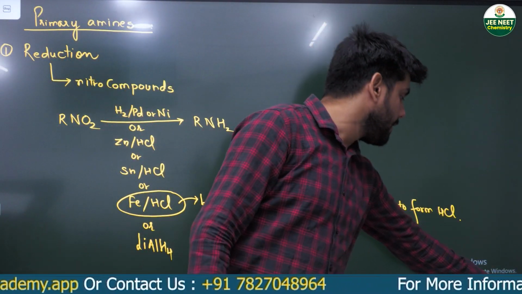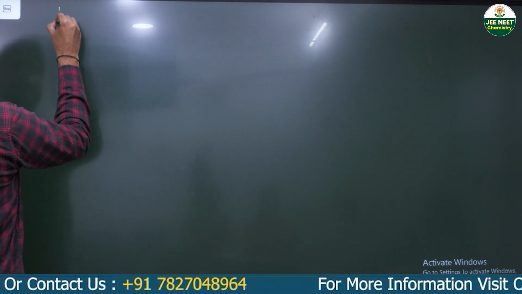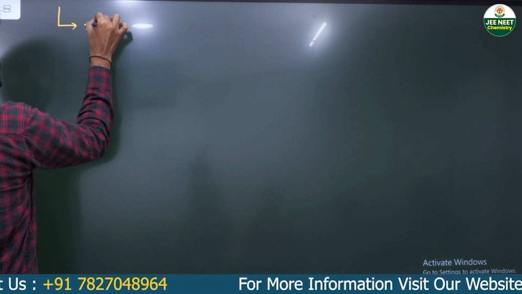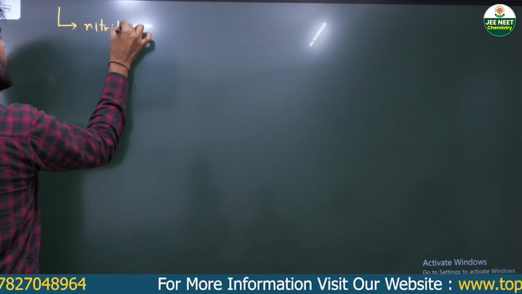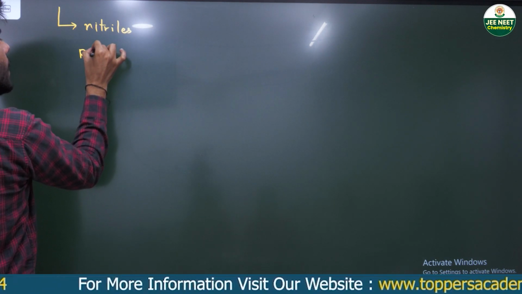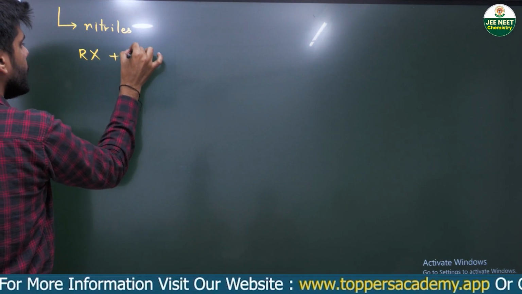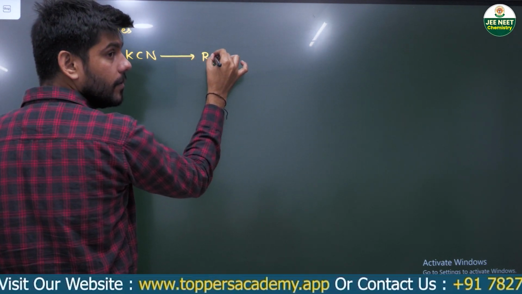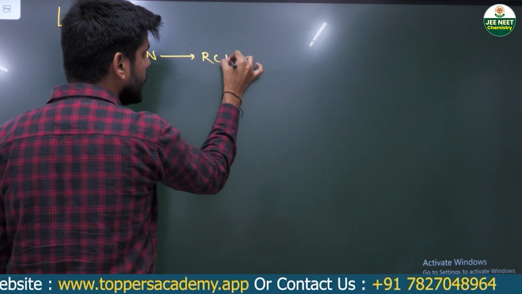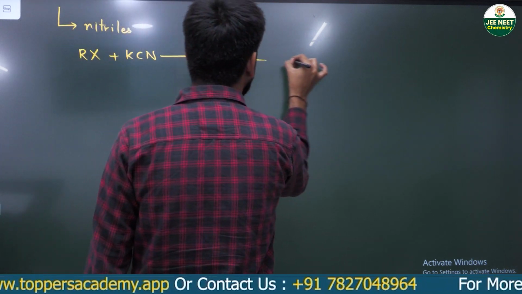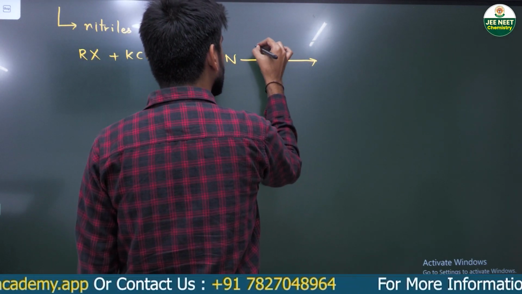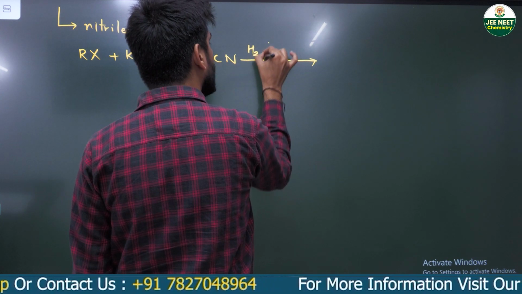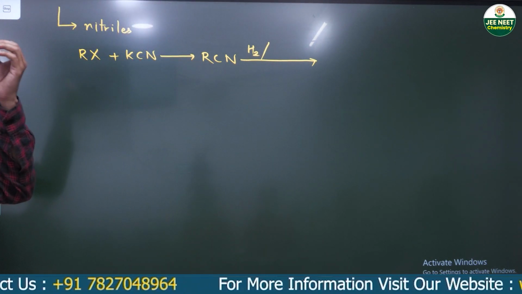Reduction of nitriles. How do we get nitriles? Very simple. Suppose I have RX, I treat it with KCN, so I get RCN. Now this can be reduced by hydrogenation, so I need a reducing agent here as well.